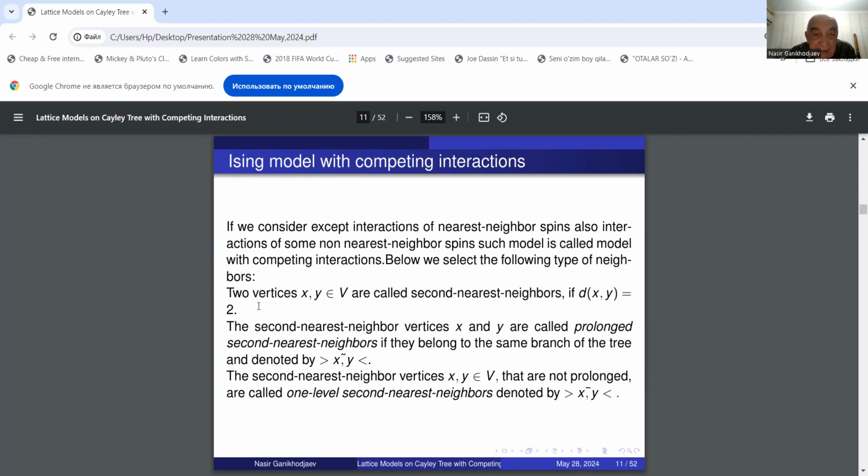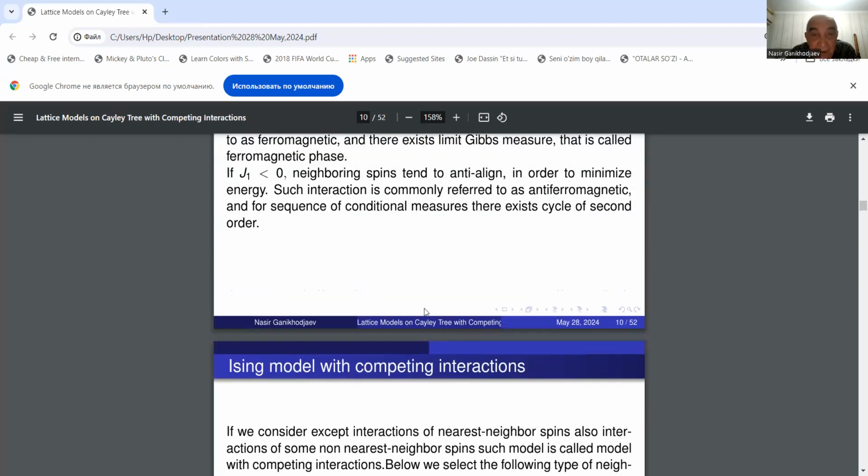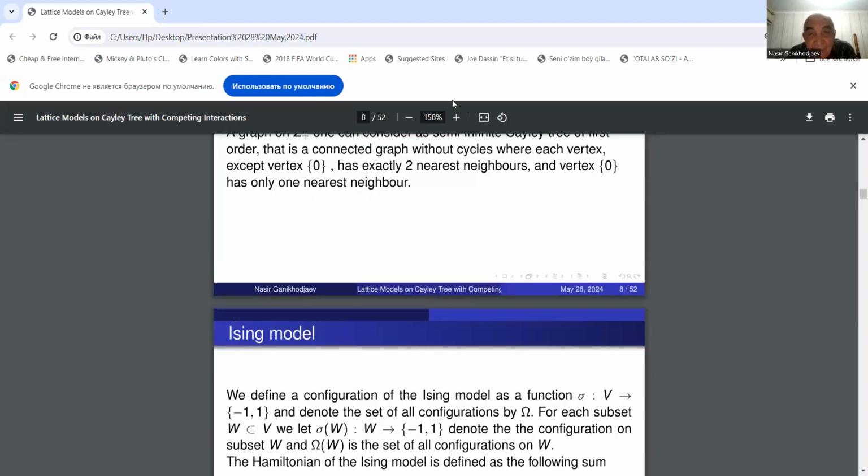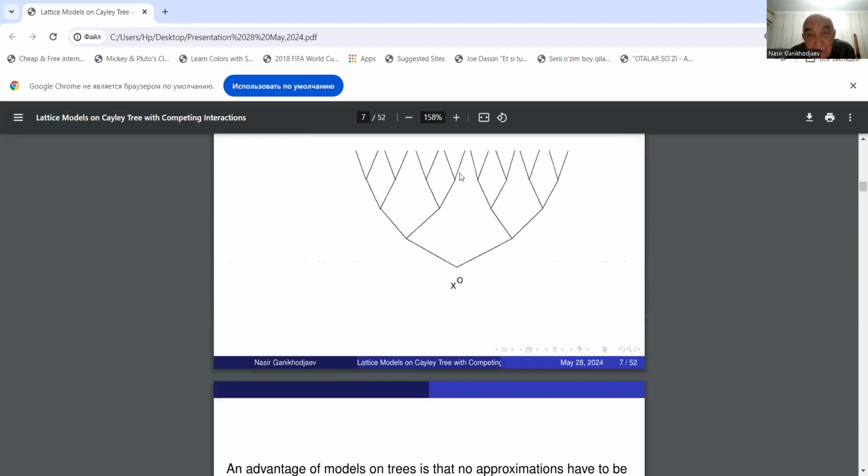And we can consider two types of second nearest neighbors. First type, if both x and y belong to the same branch of our tree. Such neighbors we call prolonged. So for example, this vertex and this one belong to the same branch. And the second type, if the distance between these two vertices is also 2, because we have two edges, but these two vertices lie on the same level.